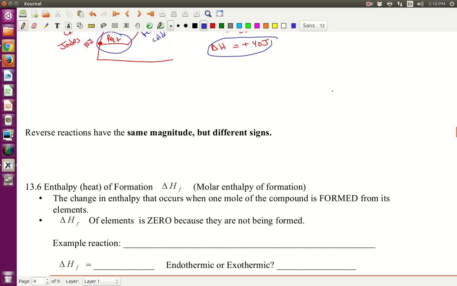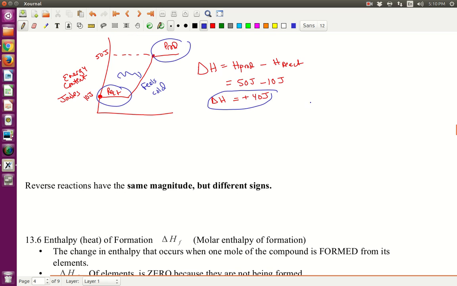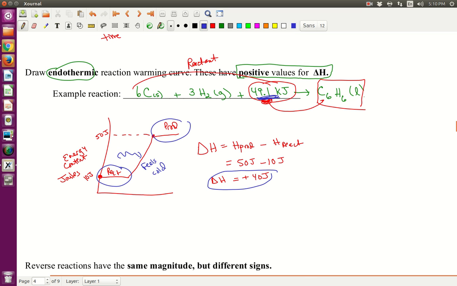Okay, now reverse reactions have the same magnitude but different signs, and all that means is that up here, if you go forward, from this side to this side, we have an endothermic reaction with 49.1 kilojoules being added, treating it just like a reactant. But if I go in the opposite direction of that reaction, I would lose 49.1 kilojoules.